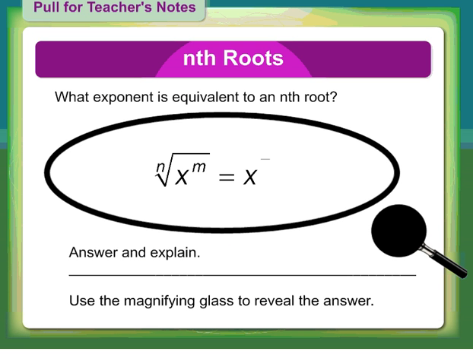Okay, exponents to an nth root. So in this case, we've got x to the power of m, so that power is in our numerator, and the root of n, if you ever have an nth root, a root of any kind, that is going to go in the denominator of our power.